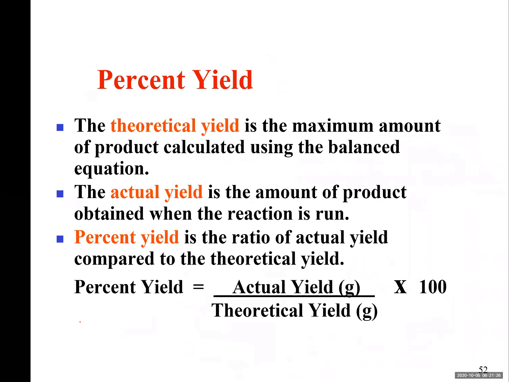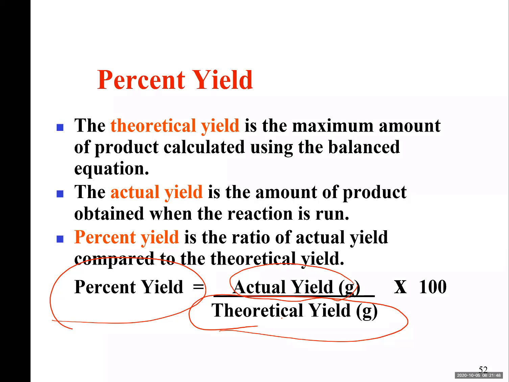If you want to calculate the percentage of success, the percentage of productivity, you write actual, which is what you really have in hand, what you really did in action, over what you plan to do, what you thought you would get, times 100.